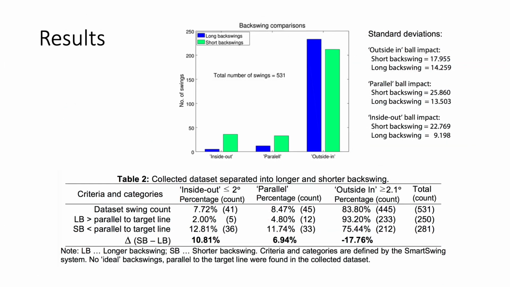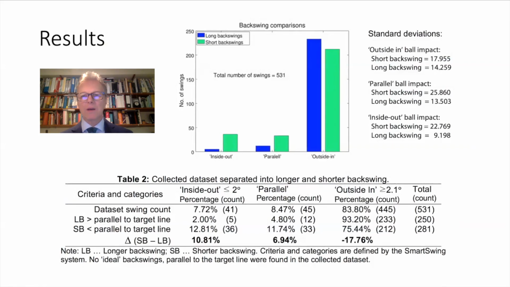Its experimental results. As we see here, our data analysis shows that golfers with longer backswing had a greater tendency to produce outside-in errors, over 93%. For participants executing shorter backswings, the distribution of ball impacts changed, with more inside-out errors leading to draw, push, or hook ball trajectories, but also an increase of desired parallel, i.e. straight shots, by almost 7%.